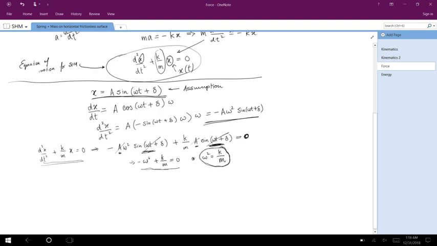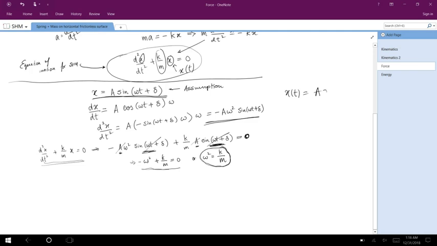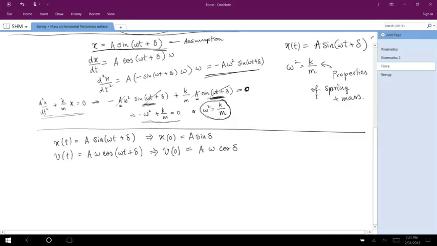So we find that x as a function of t equals a sine omega t plus delta solves our equation of motion only if omega squared is equal to k over m. Note that k and m are both properties of the spring mass system, and as such they are constants in this problem.